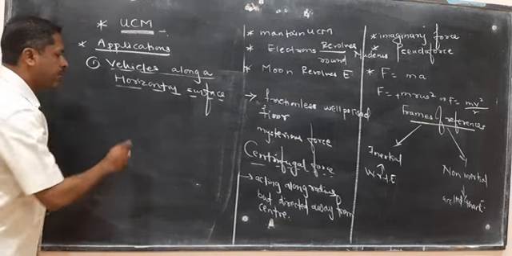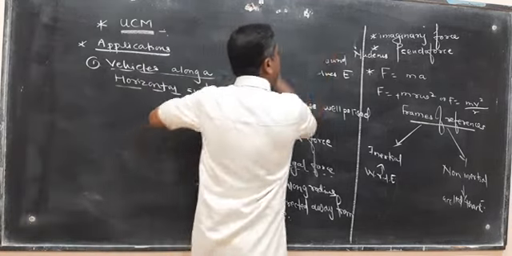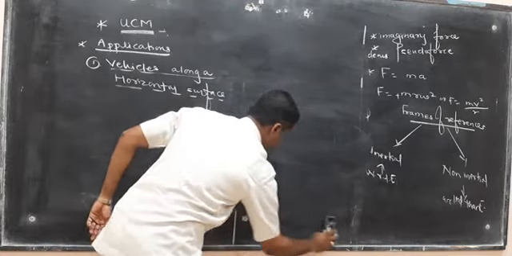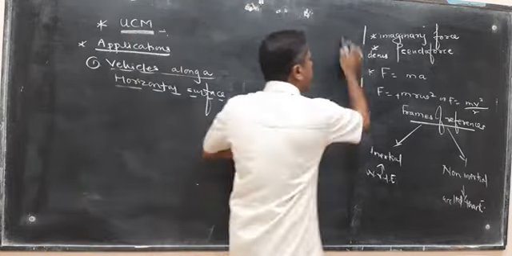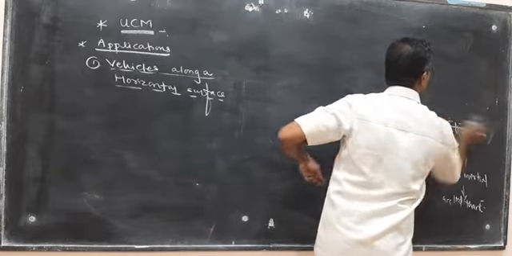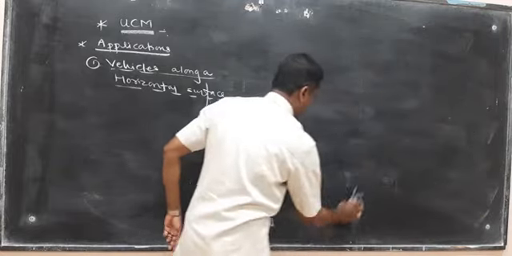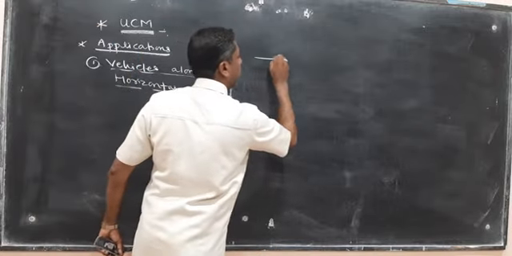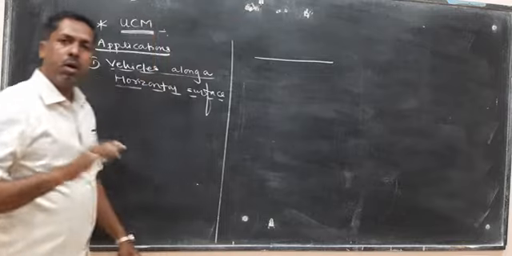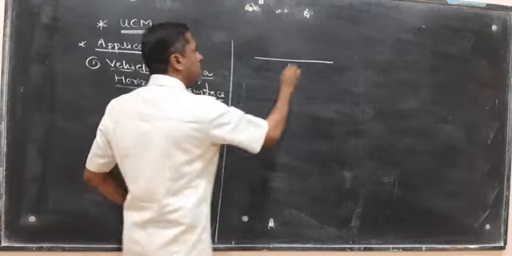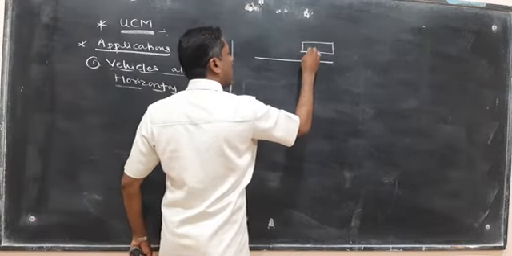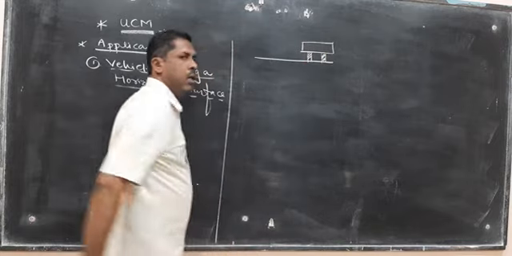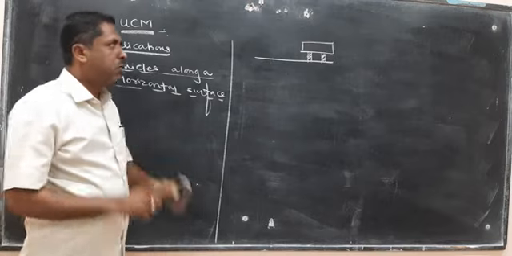Let us consider a horizontal surface. To understand this, first of all, let us consider a horizontal surface on which a car stood.